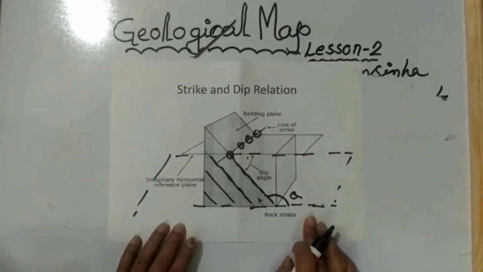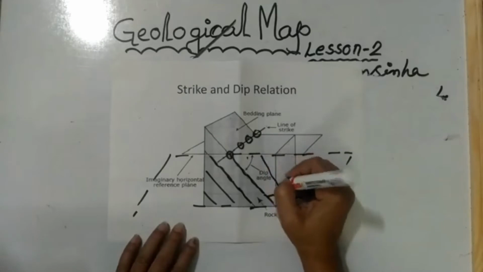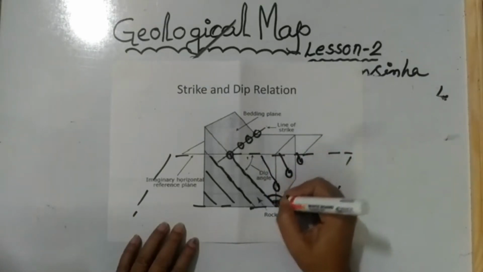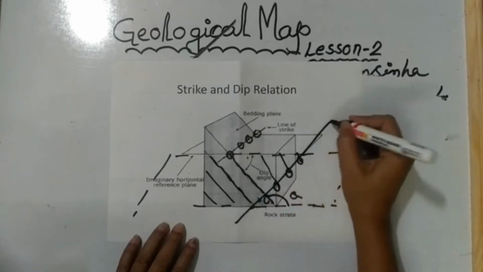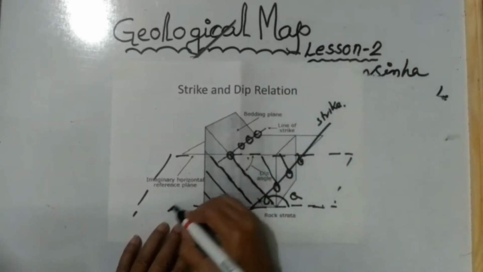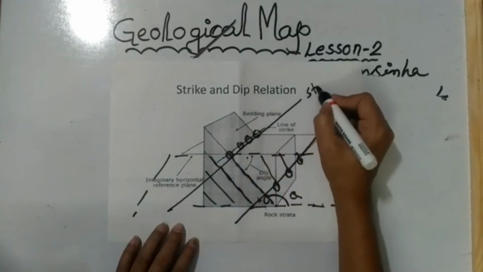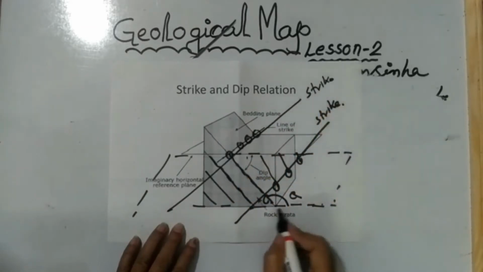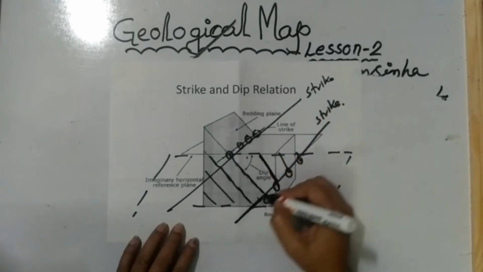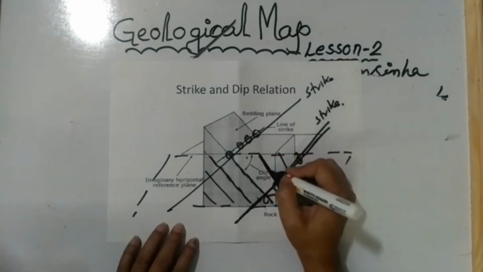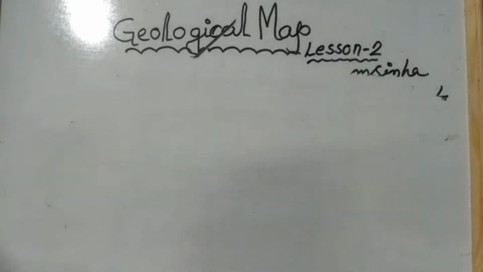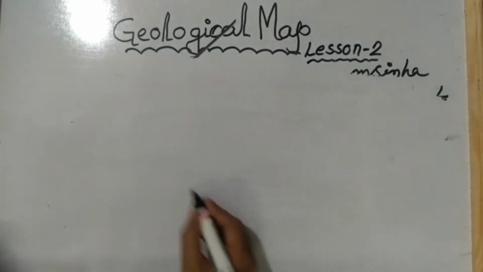Where is the strike line here? All the beds intersect, and if you join those points on that line, you get the strike. Suppose this line is parallel to that line. This is the dip, and that line is the strike. So this angle is 90 degrees. Therefore, strike and dip are always perpendicular to each other.